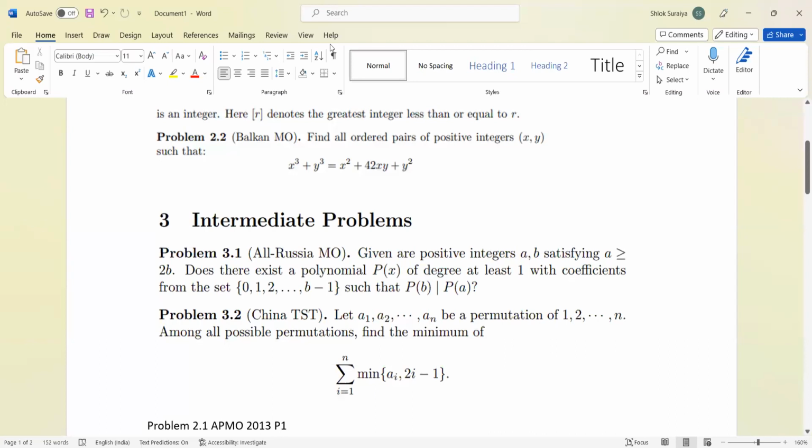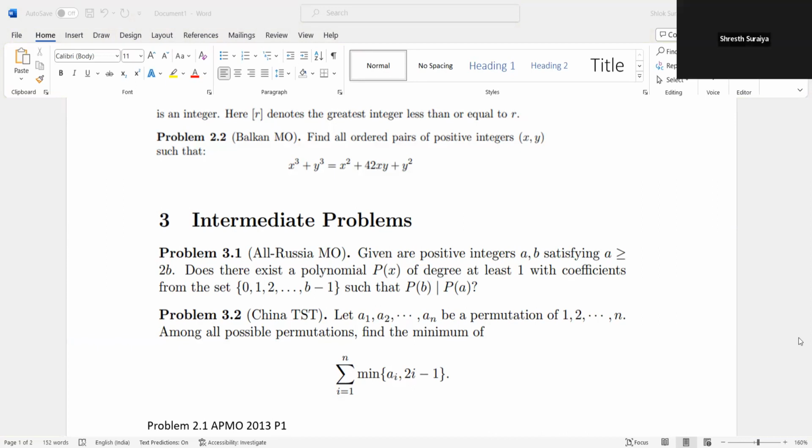So has anyone tried 3.1 or 3.2? Okay, so what have you tried?